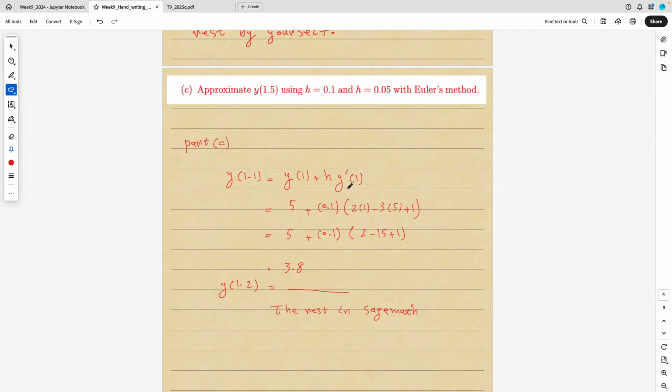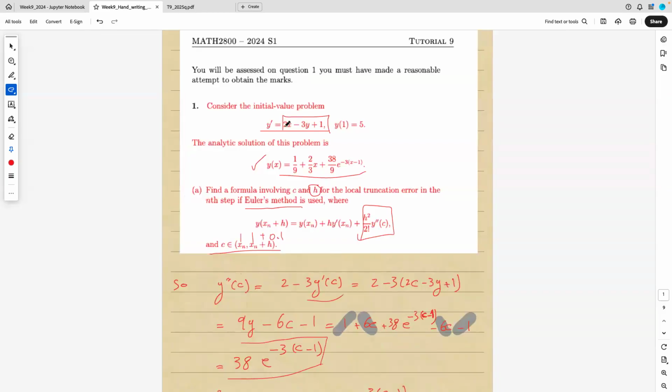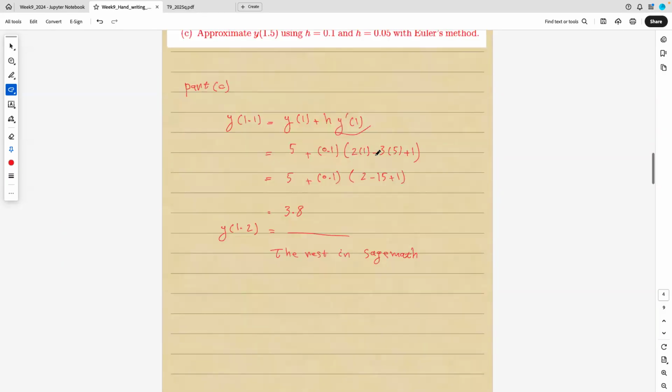Replacing these things, y prime 1 is 2 times 1 minus 3 times 5 plus 1. Calculating this will give us 3.8. So again, in the second step, y of 1.2 equals this guy plus h times y prime at 1.1. So let's go to SageMath.